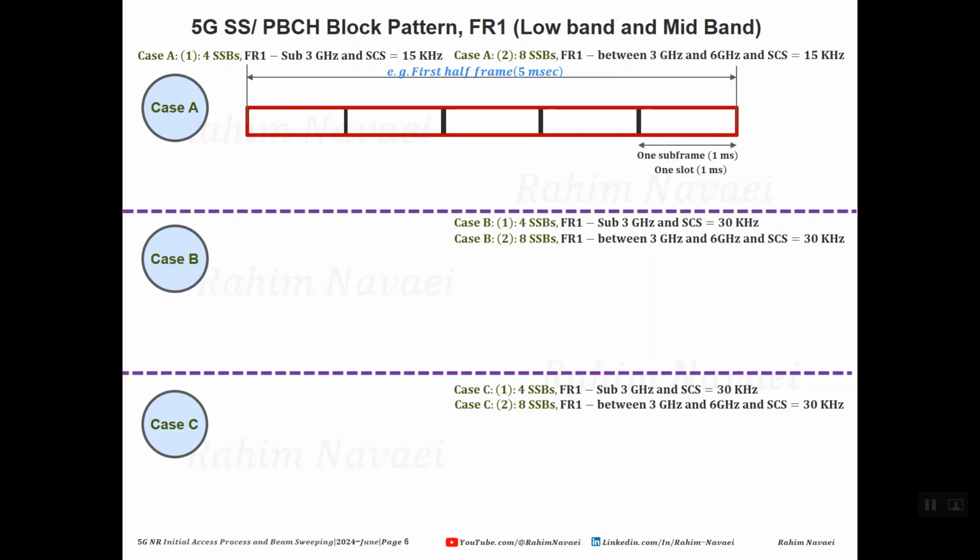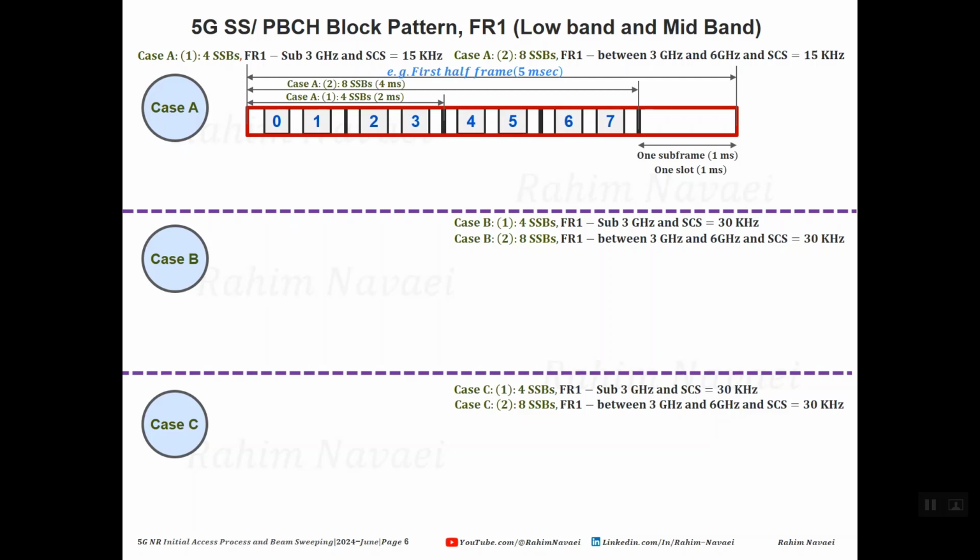For the SCS of 15 kHz, slot and subframe duration is 1 millisecond. Therefore, there are 5 slots within half of radio frame. For case A1, 4 synchronization signal blocks are transmitted in slots 0 and 1, 2 synchronization signal blocks per slot.